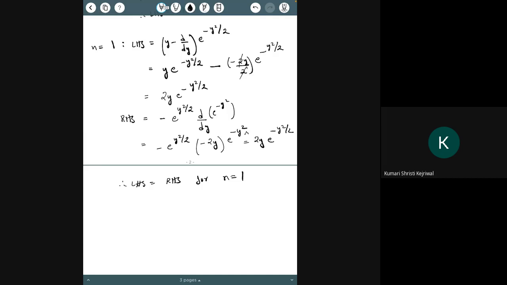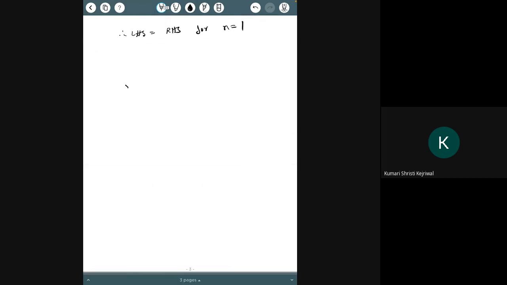Assuming the relation holds. For n equal to 1, you could have just started from 0 itself.